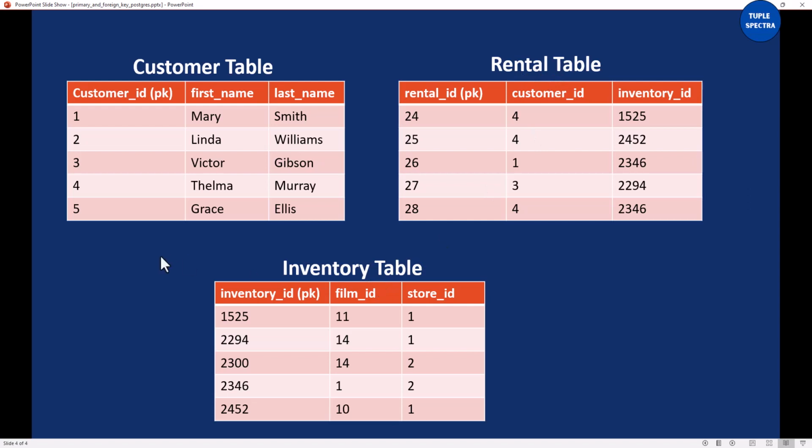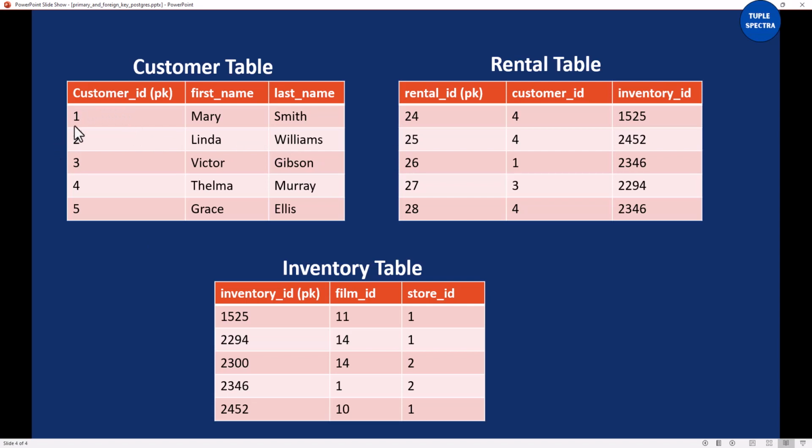If you take a look at this, you realize that each table has a primary key. That's why I put PK here so that you guys can easily get that. You see that customer ID is the primary key for this customer table, and we have already established that primary key is unique, right?